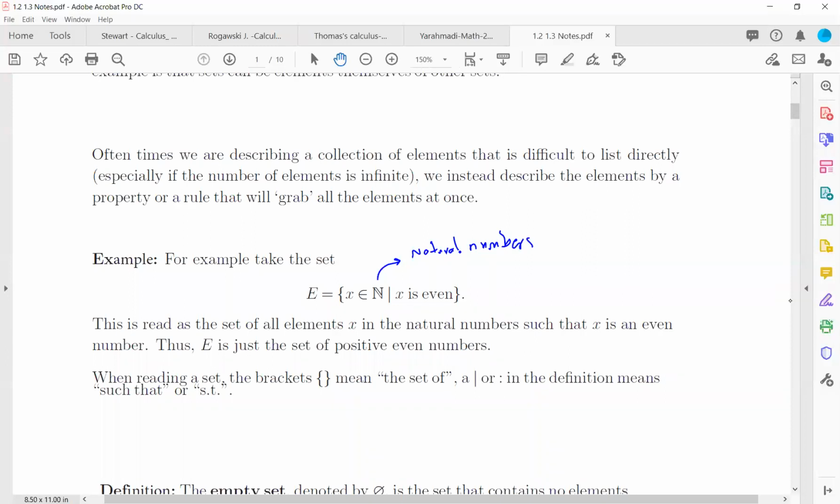Such that X is even. It means that X can be 2, X can be 4, X can be 6, and so on. So instead of listing all of the elements for set E, like 2, 4, 6, and so on, we prefer to use the definition of the set and say, hey, set E is the set of all positive even numbers.